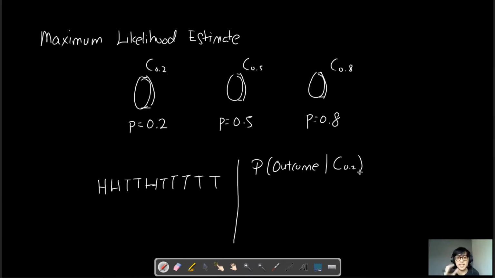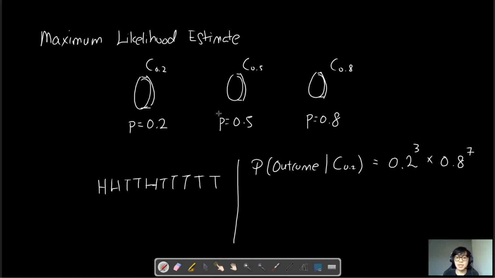Well, what's the probability I see a hit? It's 0.2, right? The probability that I see heads 3 times, that's 0.2 to the power of 3. And then the probability that I see tails for the rest is 0.8 to the power of 7. Okay?